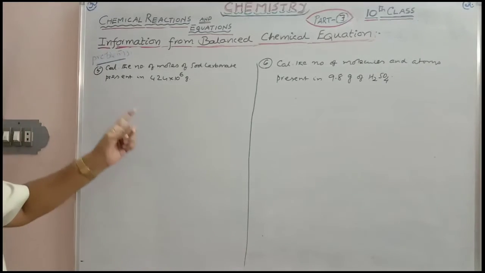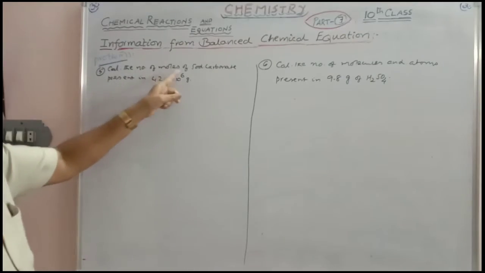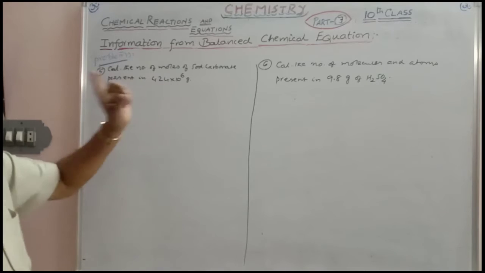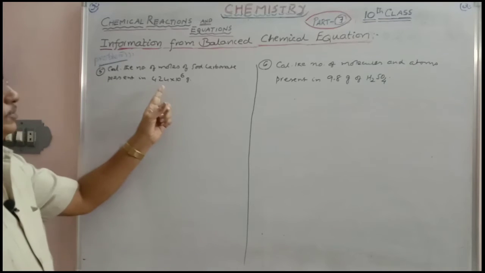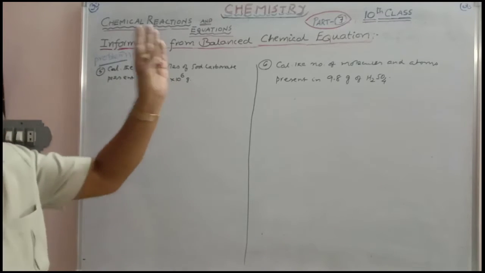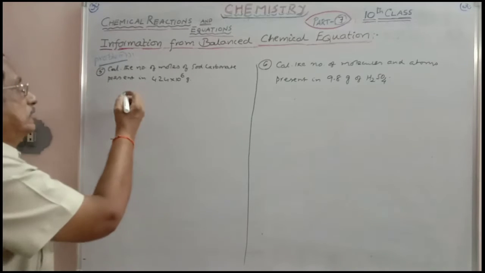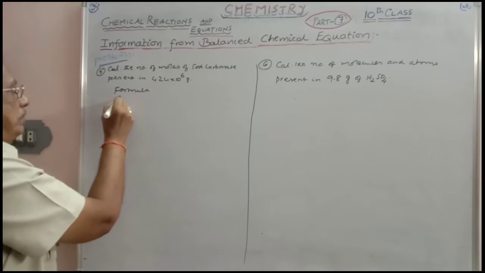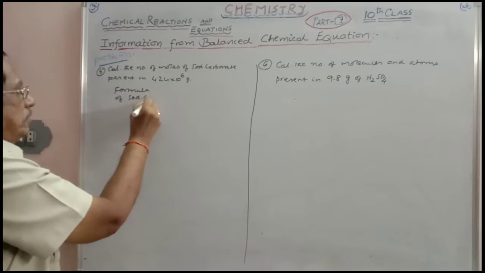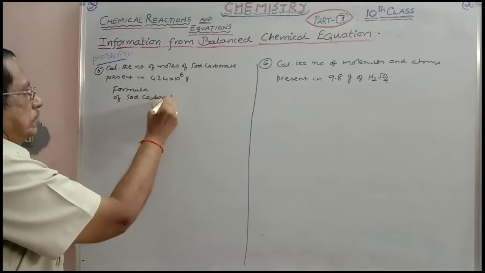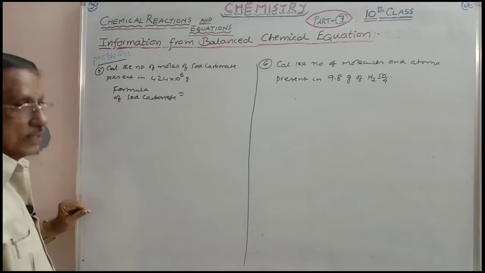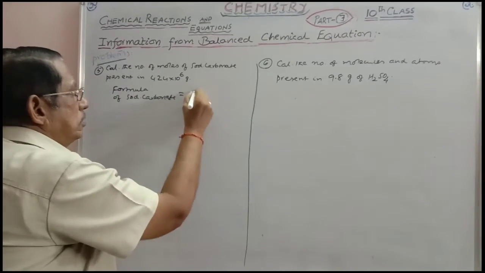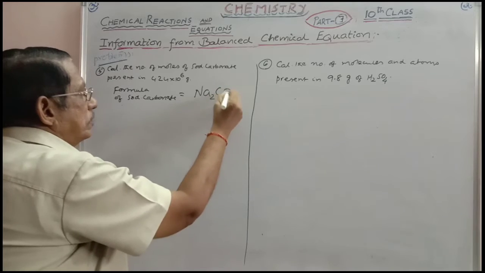Next problem, simple problem. Calculate the number of moles of sodium carbonate present in 424 into 10 to the 6 grams of sodium carbonate. First you have to know the formula of sodium carbonate. That you have to know. Formula of sodium carbonate is Na2CO3, right?